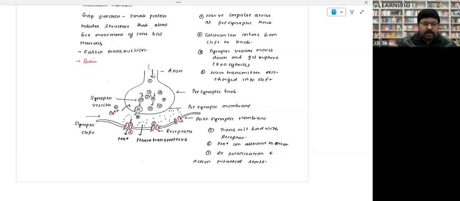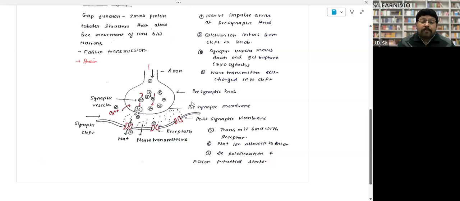Now, what will happen when the impulse reaches here? They will start absorbing calcium. Between these two neurons is the synaptic cleft, and there is ECF, extracellular fluid, right? So they will start absorbing calcium ions.